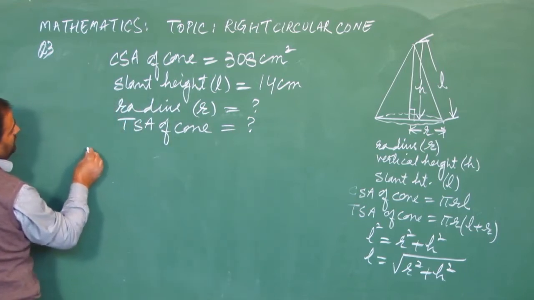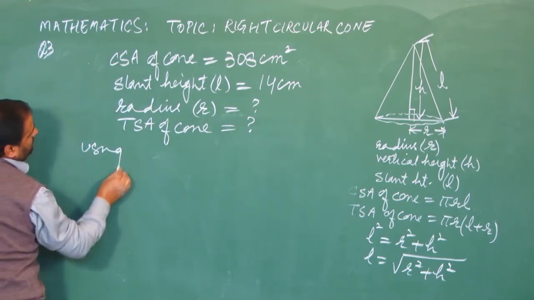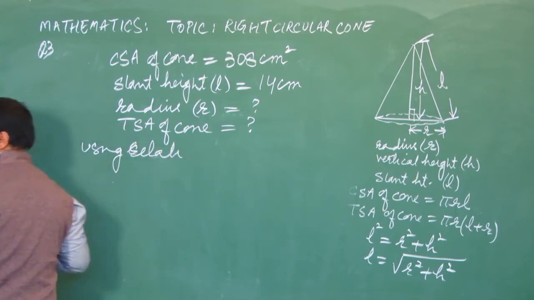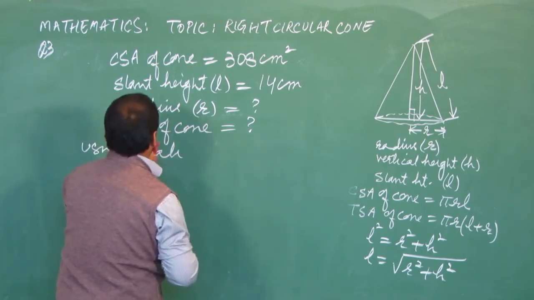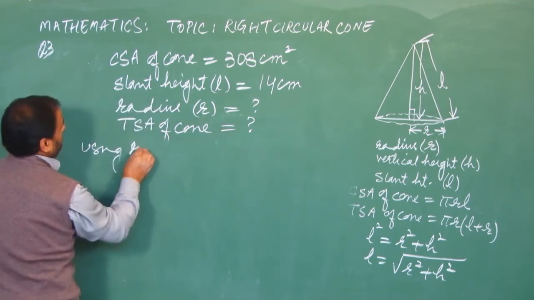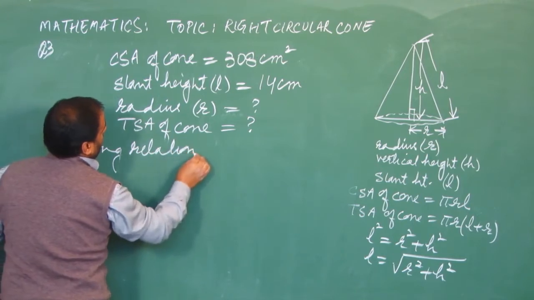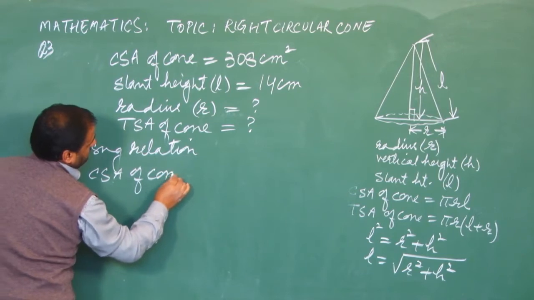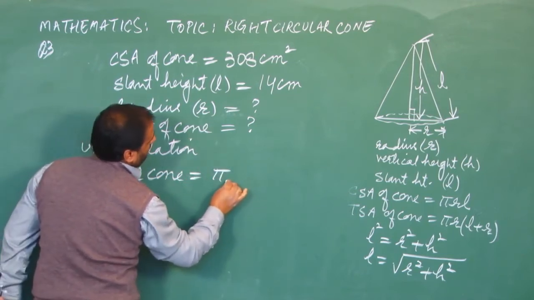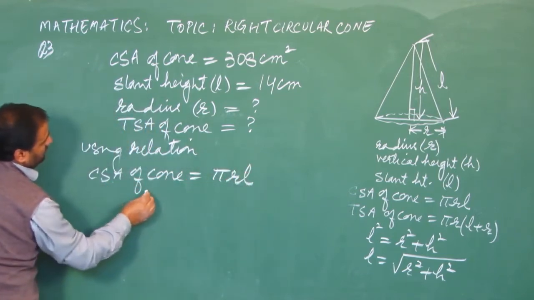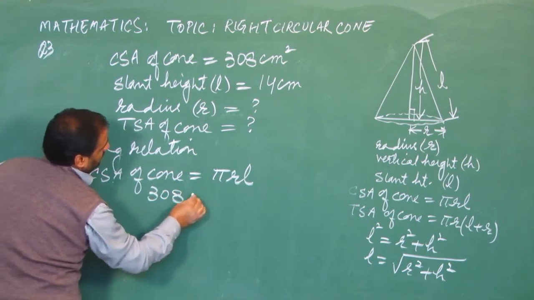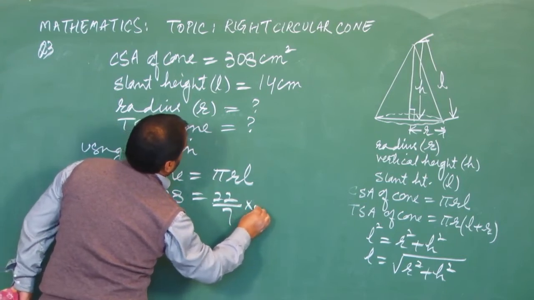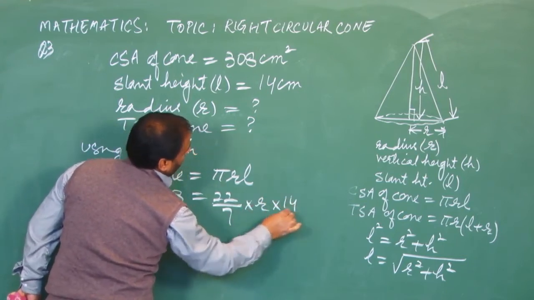So using the relation for curved surface area of a cone, curved surface area of cone is pi r L. It is 308 is equal to pi taken as 22 by 7, R we do not know, and L is 14.